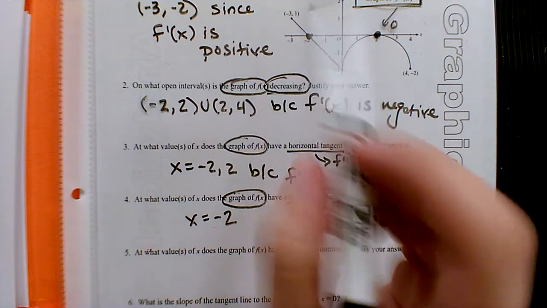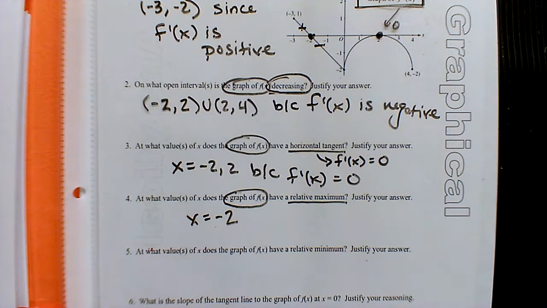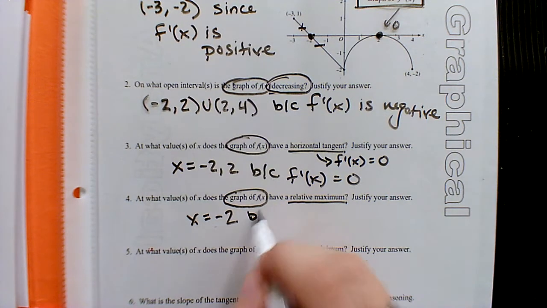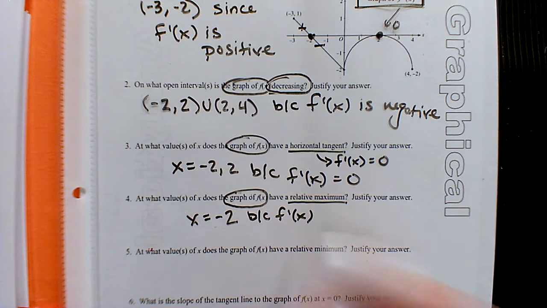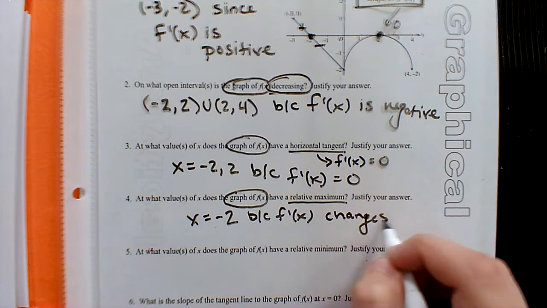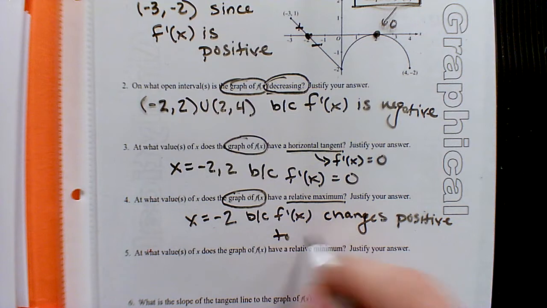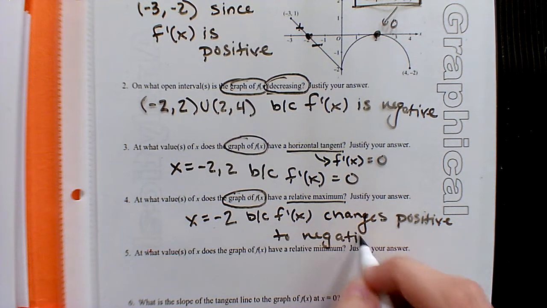Negative 2 because the derivative or slope goes from a positive value above the x-axis to a negative value below the x-axis. So we'll say because the derivative or slope changes from positive to negative.